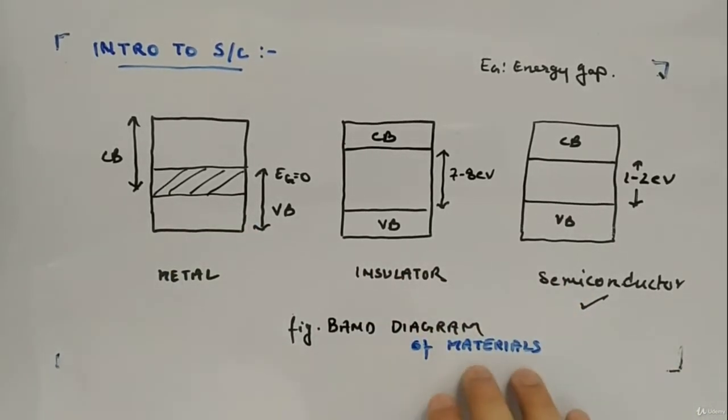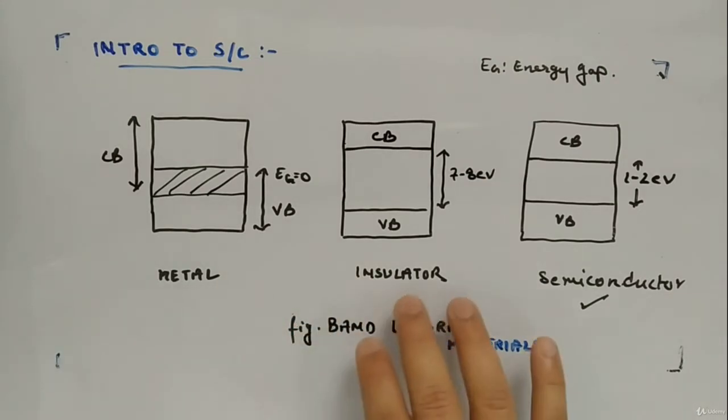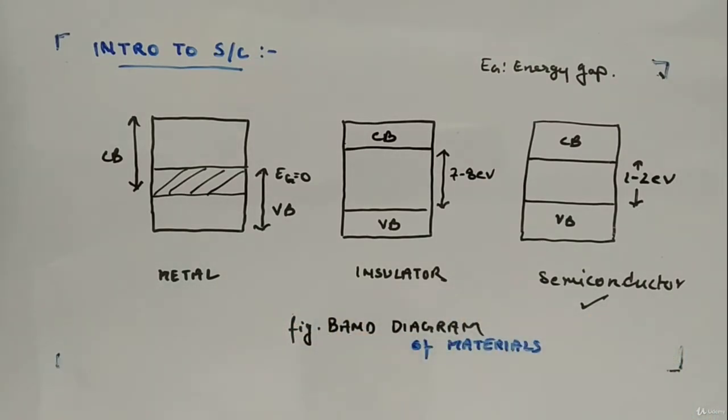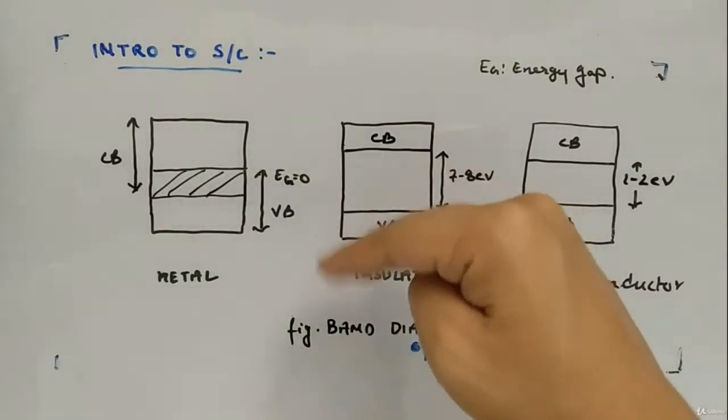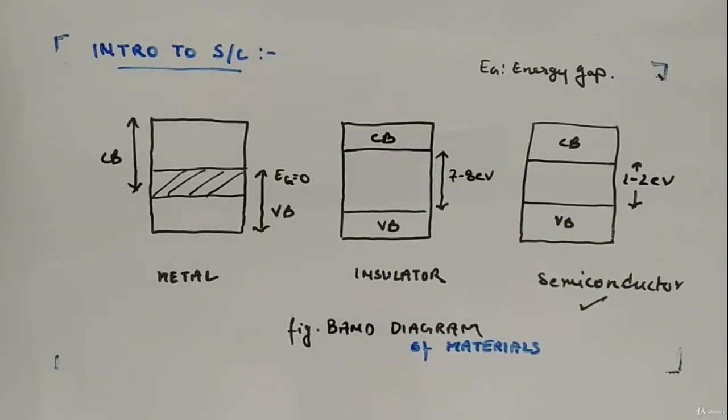So we usually see three types of materials, that is metal, insulator and semiconductor. Metal has this band diagram. There is something called the valence band and the conduction band, and the difference between them is the energy gap.